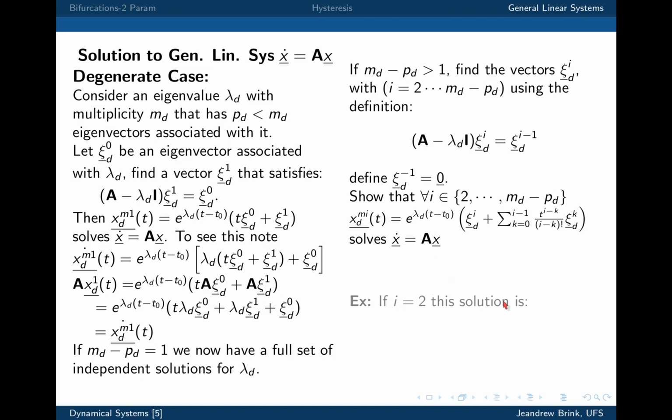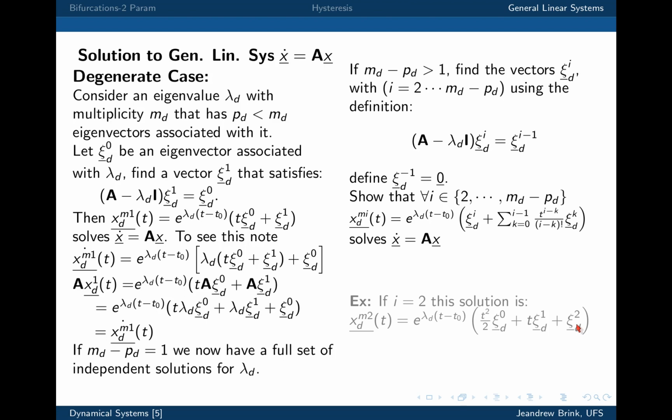So just to give you an example, if I equals 2, in other words, you need to find 2 eigenvectors, then the solution looks like this. It's still the exponent in front. Now, instead of just your initial eigendirection, you have a t squared. The first thing you constructed from that expression has a t in front of it. And the final vector that you've constructed, you just have as a constant.